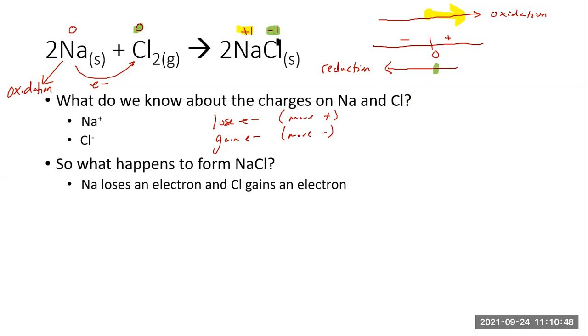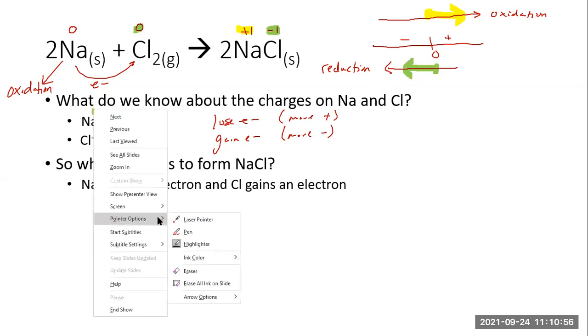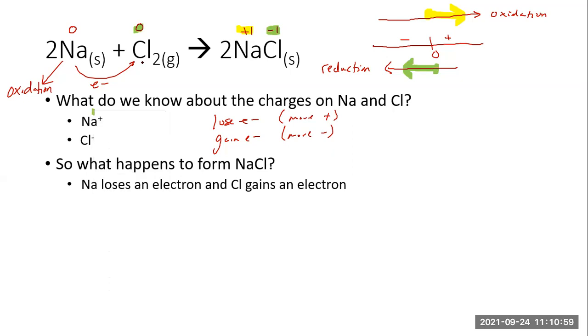On the other side, it is ending at -1, which means it is heading in this direction. And heading in that direction means that the chlorine is going through what is referred to as reduction, gaining the electrons. They always happen together. So something is being oxidized, something else is being reduced. And this is really a redox reaction when we look at a reaction like this. So this is a classic redox reaction.